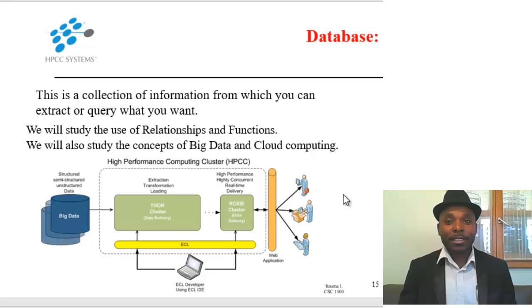On a high level, we'll understand what big data processing is all about and what the noise about cloud computing is. For big data processing, I will introduce you to a platform called the High Performance Computing Cluster Systems, which you can use to extract or query what you want. We're going to look at this wonderful system which is designed for processing big data.